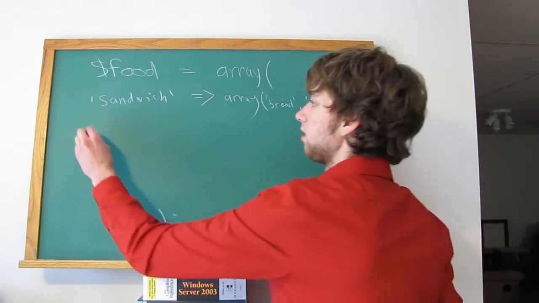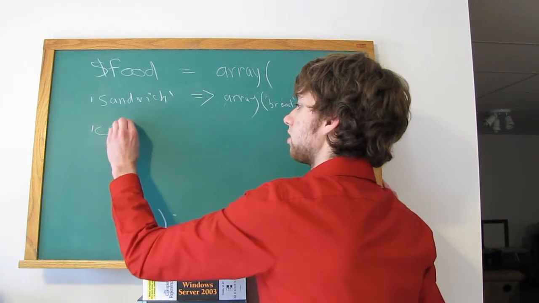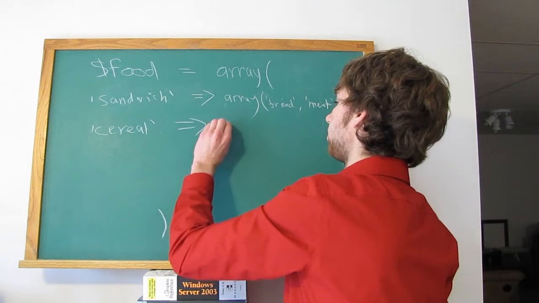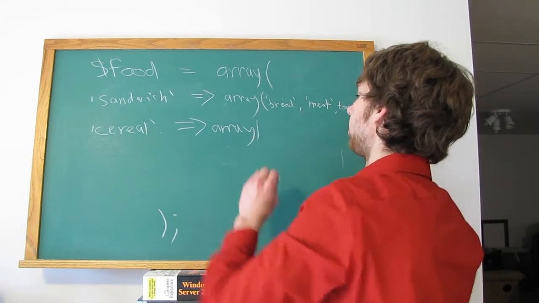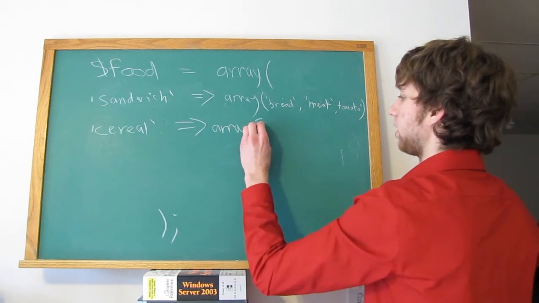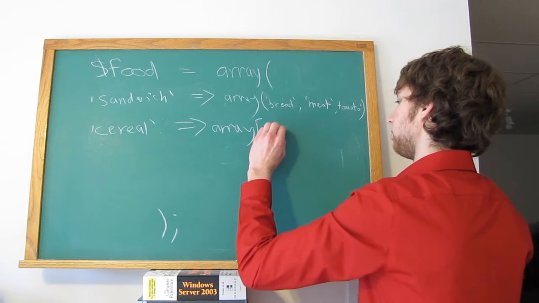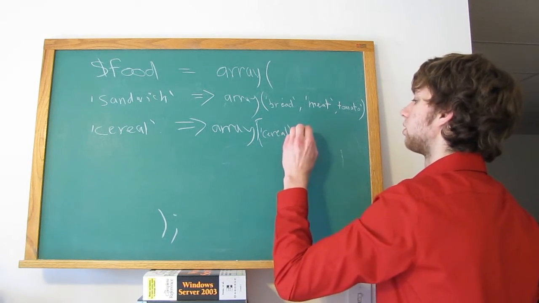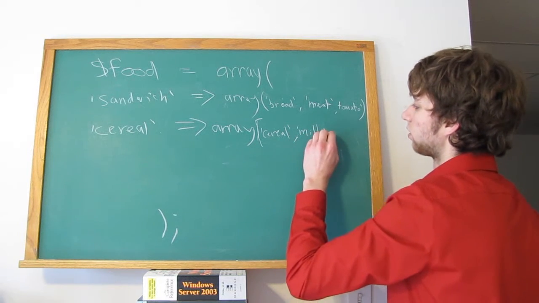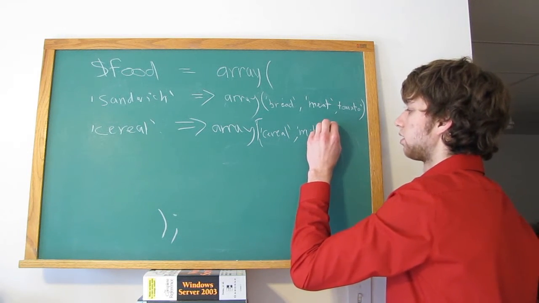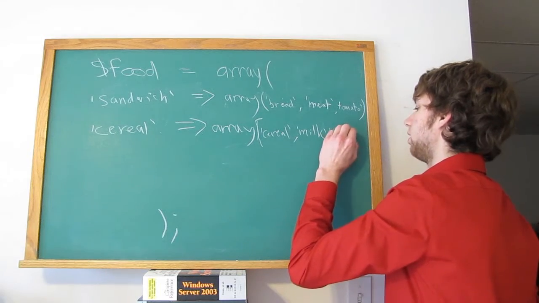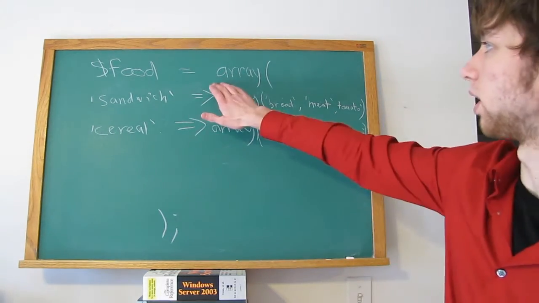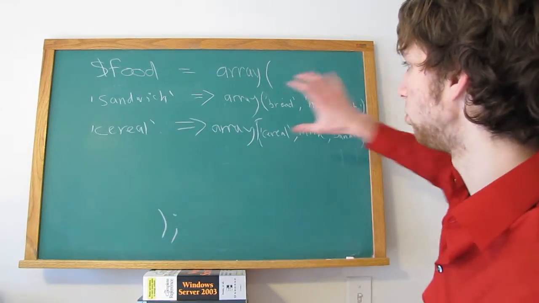And then we can do it again with cereal. Array, and then within these parentheses we have cereal, milk, and banana. Okay, so now you can see we have an array which encloses two arrays.